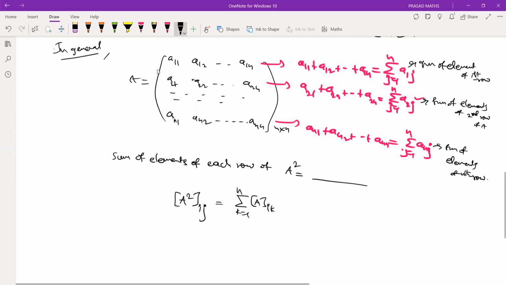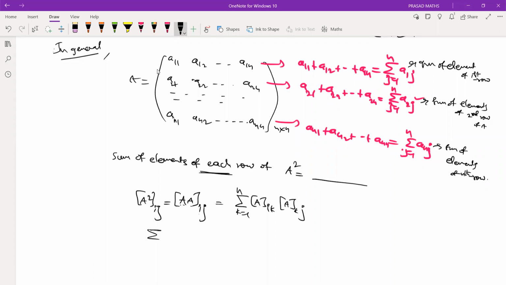This can be rewritten as A into A, which looks like A into B. The ijth entry of A into A is summation k equals 1 to n of the ikth entry of A times the kjth entry of A. But what you require is to find the sum of elements of each row of A square.